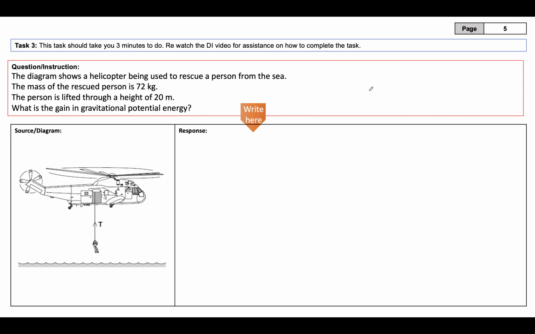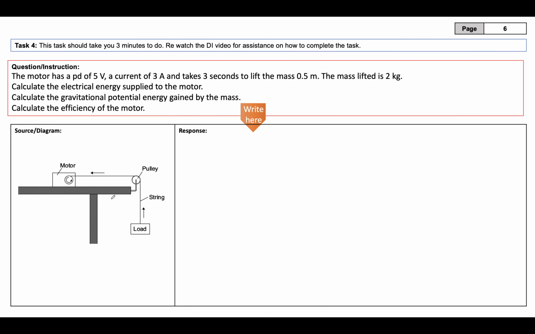This one, we're going to be using potential energy is mass times gravity times change in height. So we're lifting this chap up, and then finally we're going to use all of that to calculate first the energy supplied by the motor, then the gravitational potential energy, and then the efficiency.